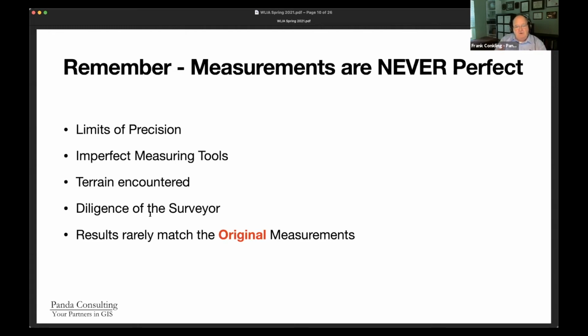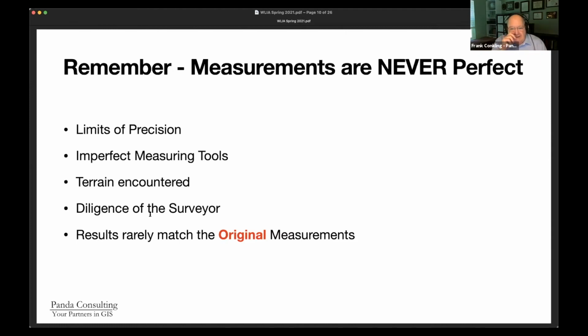And it's because of all these variables of time and heat and temperature and humidity and terrain and the crews that were doing the measurements. There's all sorts of changes that occur. So rarely do you get two crews measuring the same distance and coming up with exactly the same thing because of the imperfections. We're human.